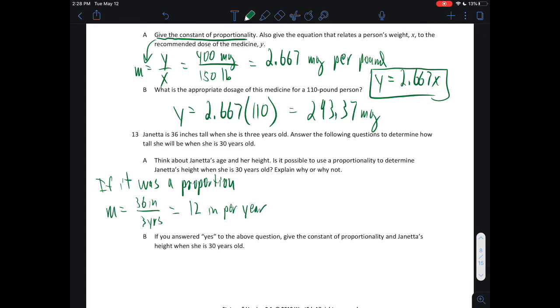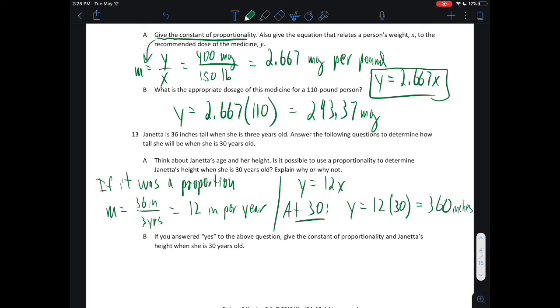So you tell me how many years old she is, I can tell you how tall she is. That means that your equation would be y equals 12 times x. So now how tall would she be at 30 years old? So at 30, y is equal to 12 inches times 30 years. That's 360 inches.